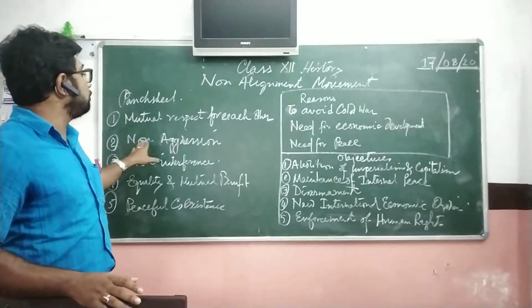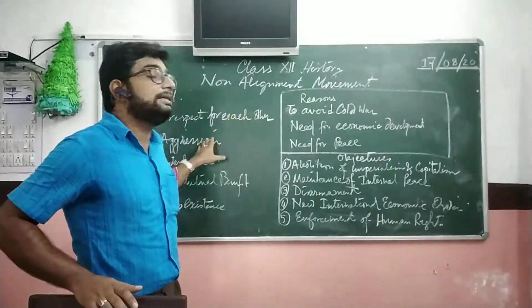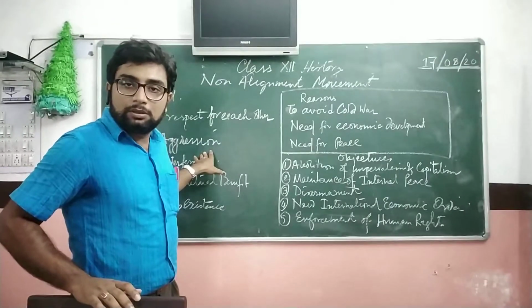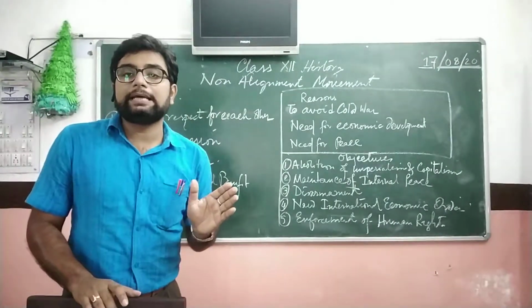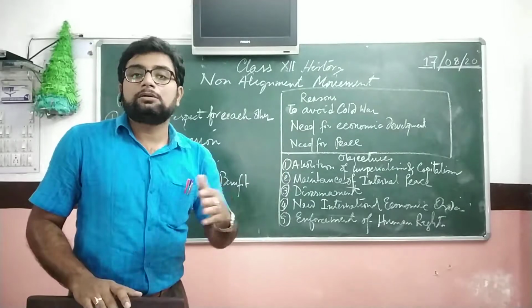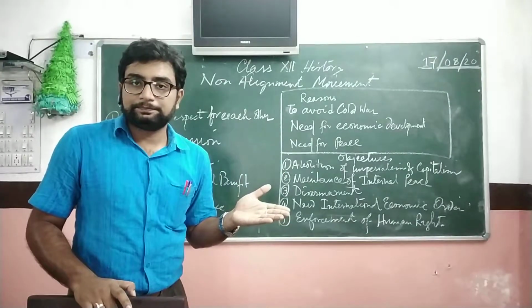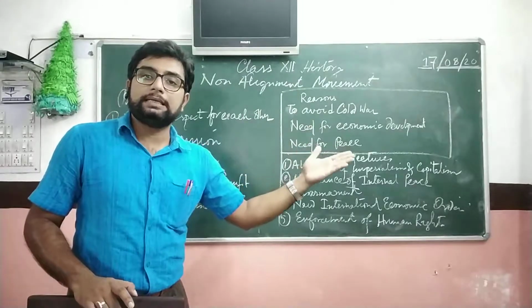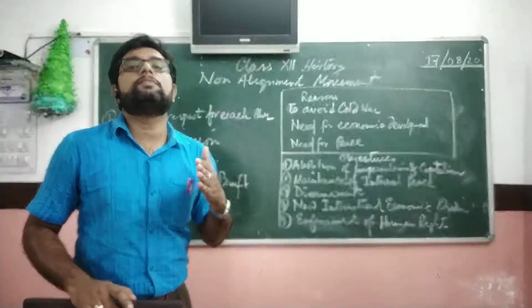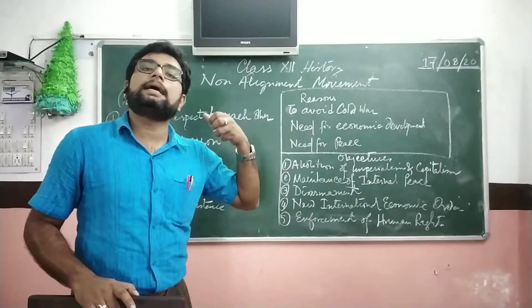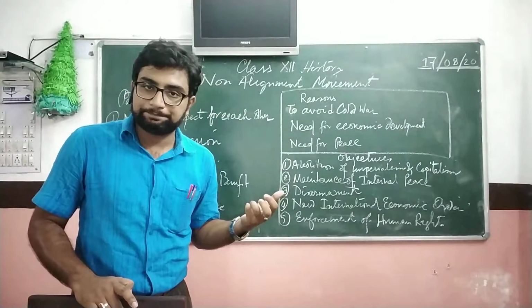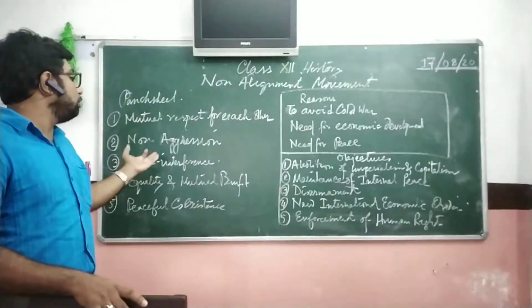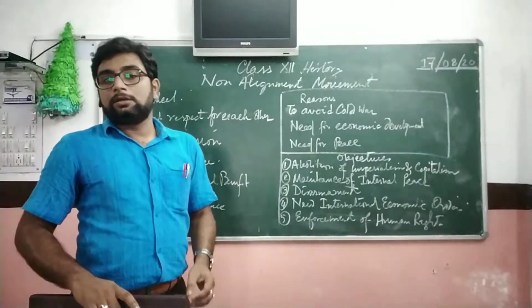Number 2, non-aggression. That is quite related to the first one. They will not be attacking each other at any time. There should be a friendly relationship between India and China, since both of them are neighboring countries and India had just become independent. Third one, non-interference.